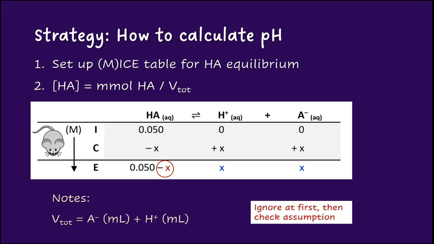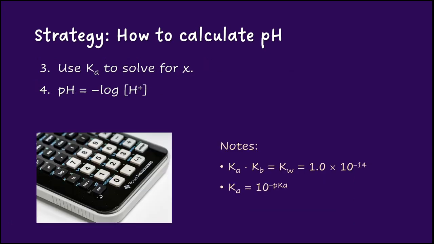As a reminder, though, we cannot ignore a standalone X. Our next step is to set up the mass action expression for Ka, because we now have a weak acid that we created with the titration, and you will likely have to calculate Ka, but depending on the information given originally, there are different ways to do this. We'll solve for X, which is H+ molarity, and once we have H+, we can calculate the pH by taking the negative log of that value.